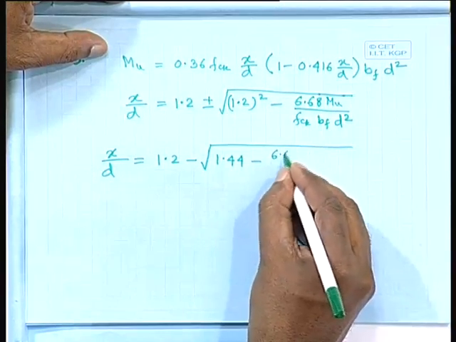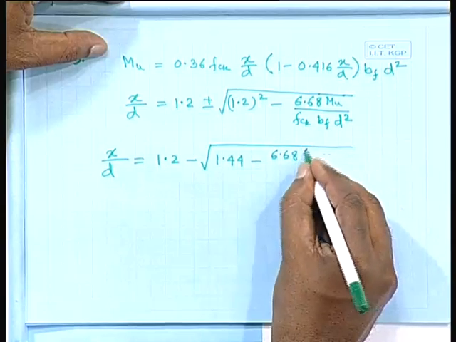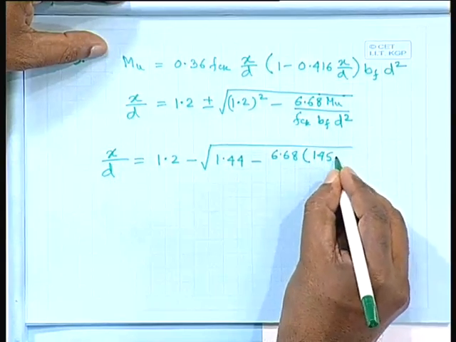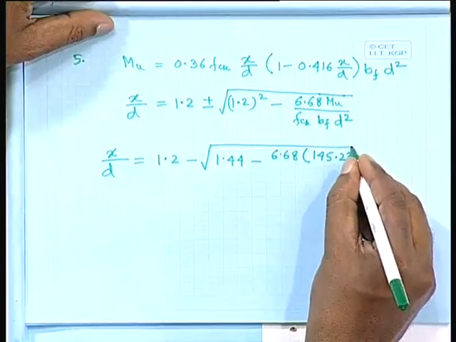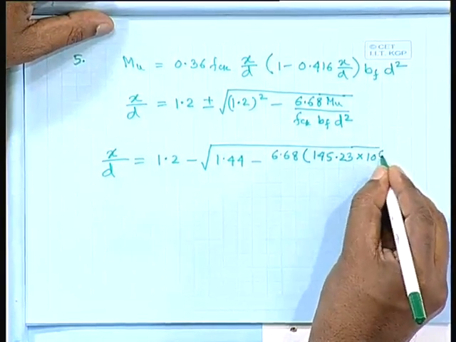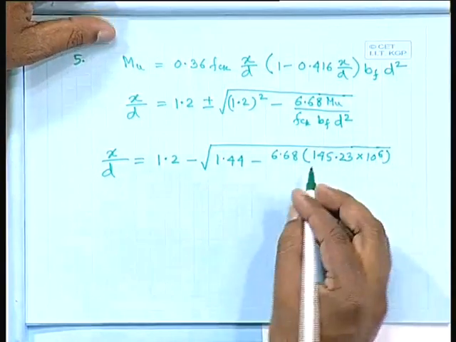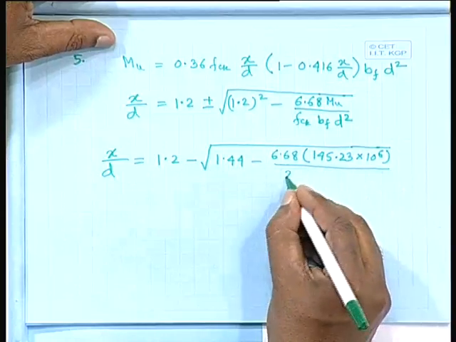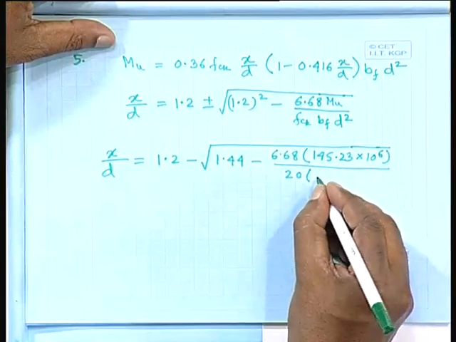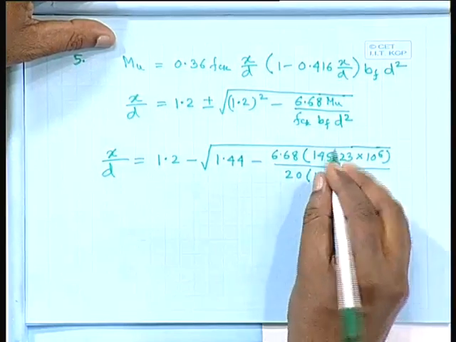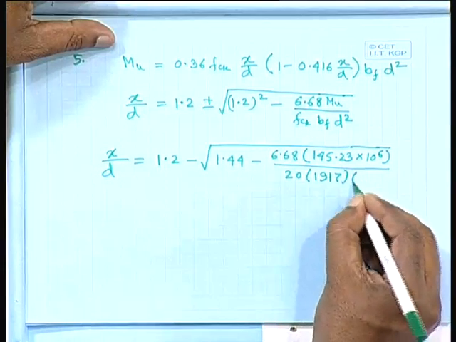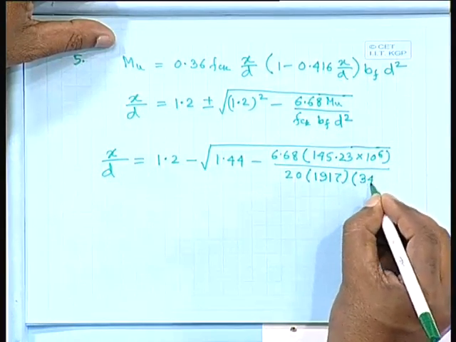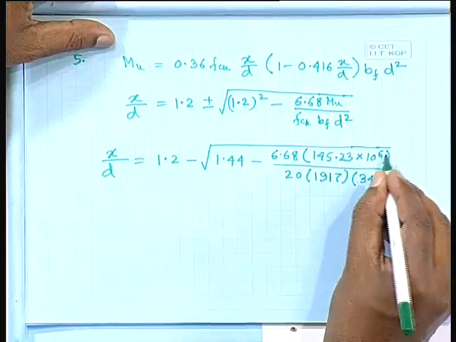minus 6.68. Let us write down the full thing: 145.23 into 10 to the power 6, we are making everything in Newton millimeter, divided by 20 times the width of the flange 1917 millimeter times the effective depth computed which we are going to provide.